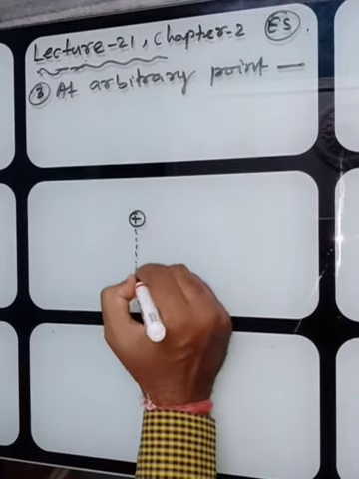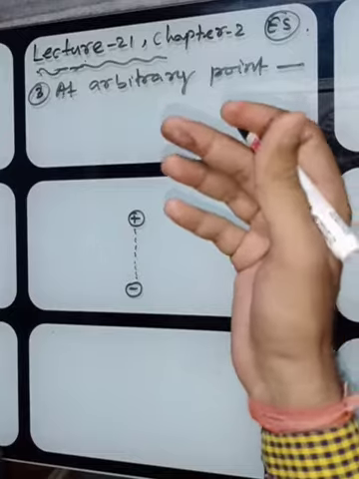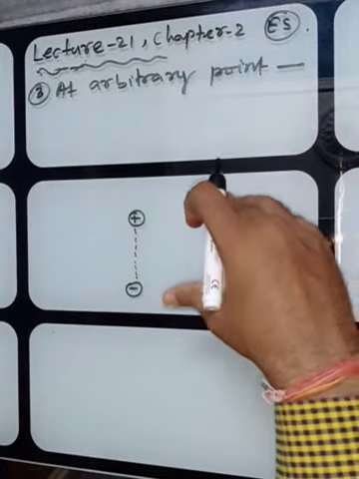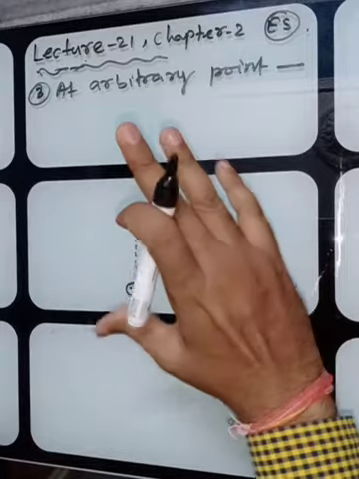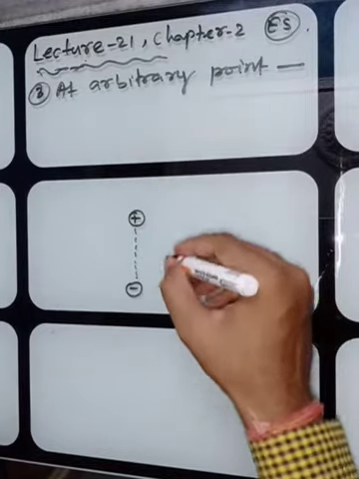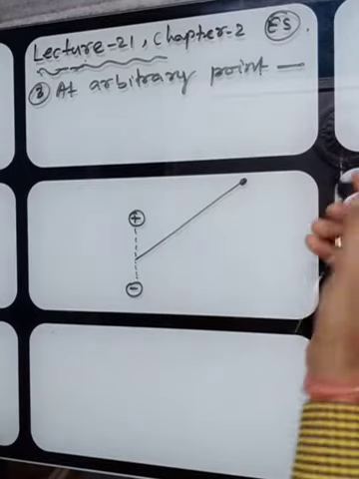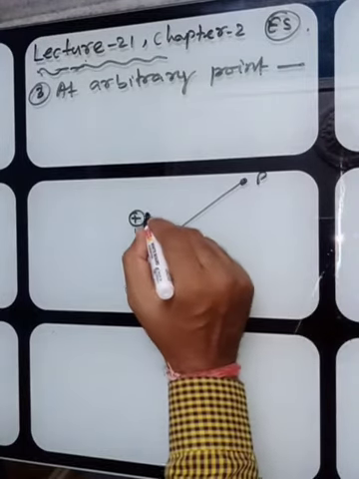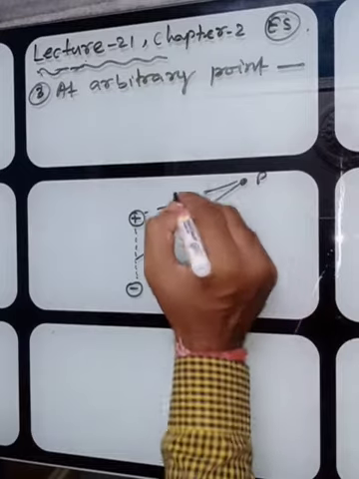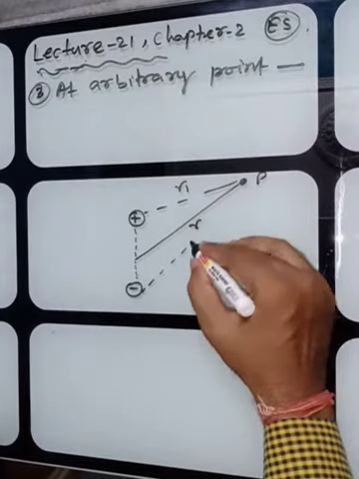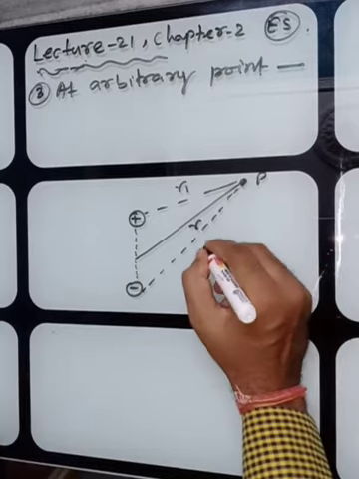There are a number of methods to solve this derivation. This is a mathematical derivation, but I'm telling you the exact method that is given in NCERT. You have to find the potential at this point P. Suppose this is R1, and suppose this is R2.